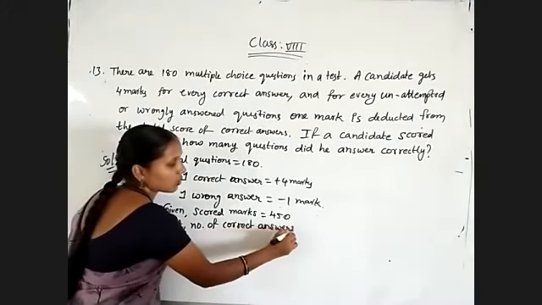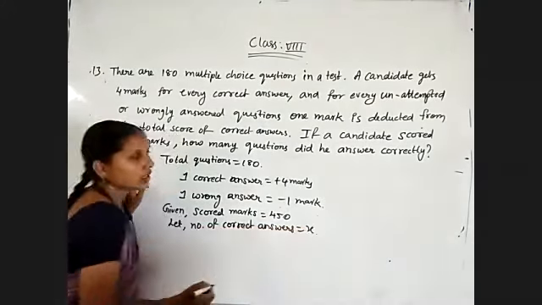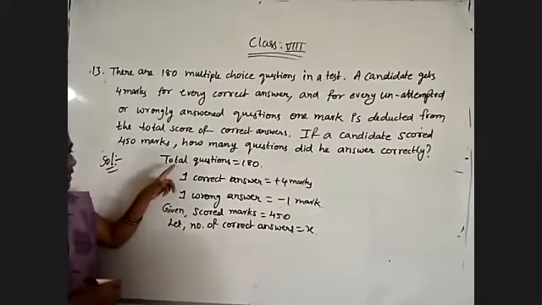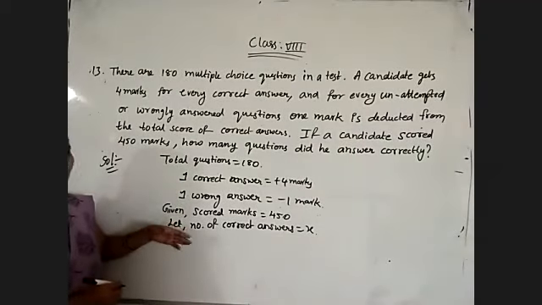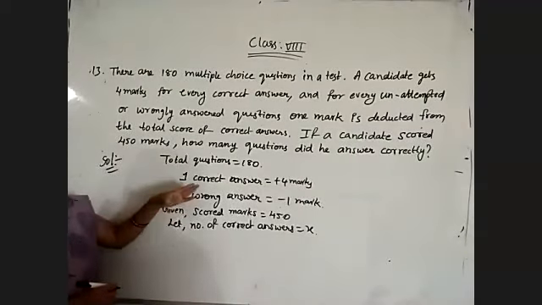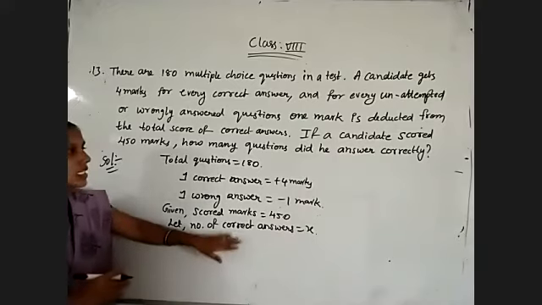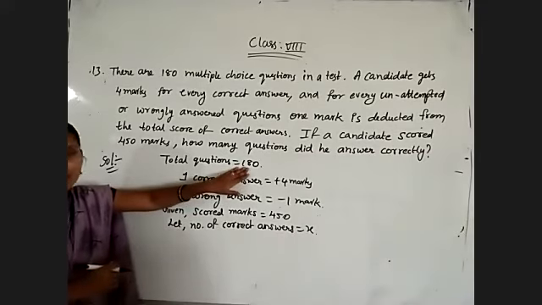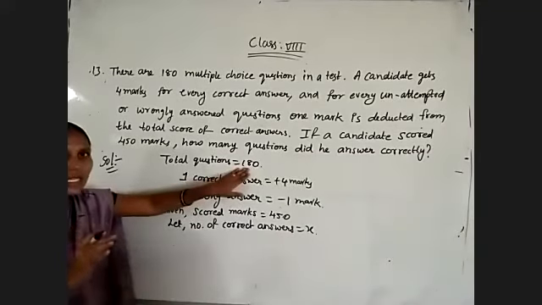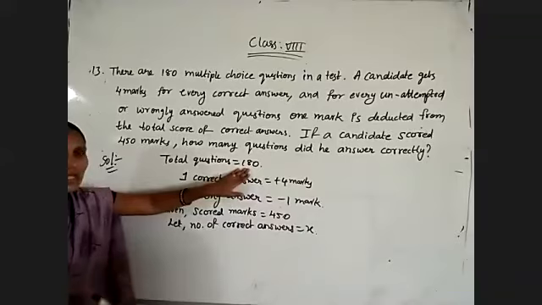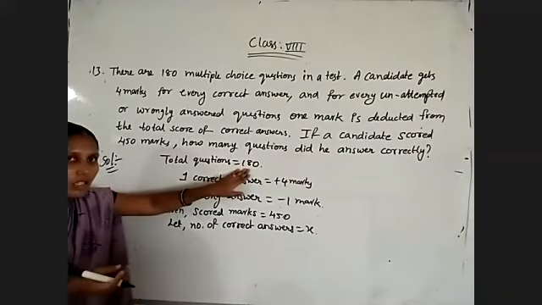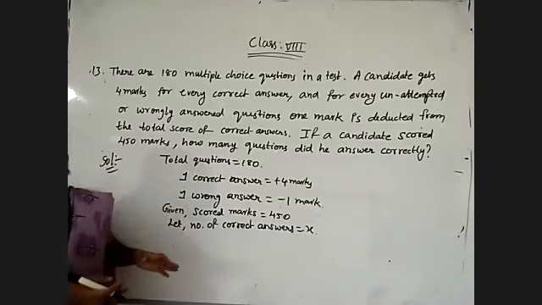How many he wrote? Let it be x. Total questions are 180. Not attempted or wrongly written questions are the remaining questions only. For suppose, out of 180, he wrote 100 questions correctly. So how many questions remain? 80. Those 80 questions may be wrong or unattempted questions.